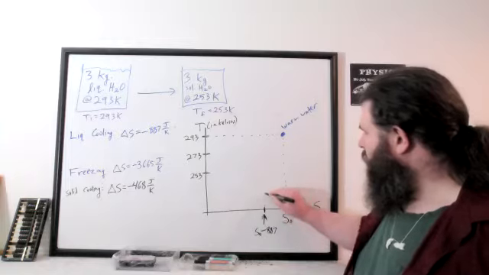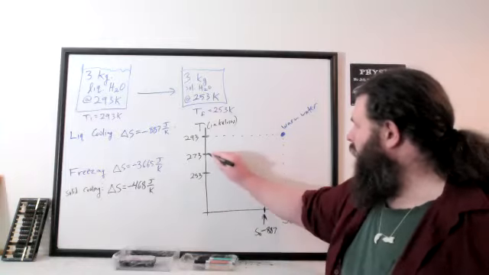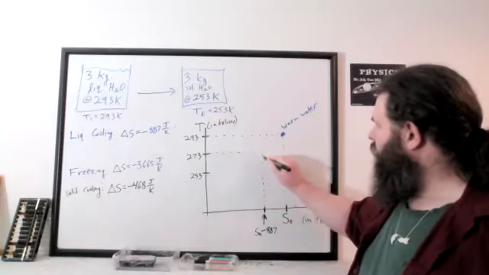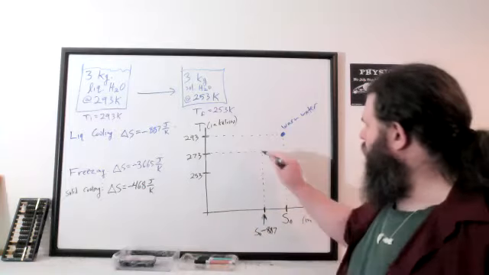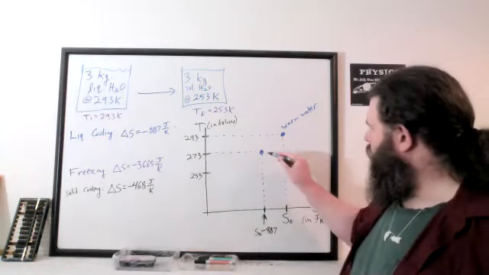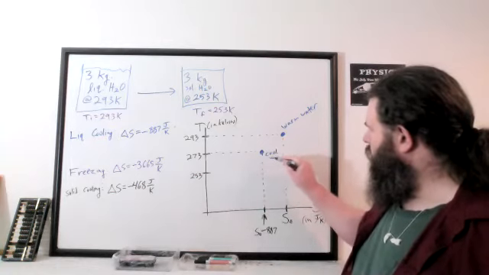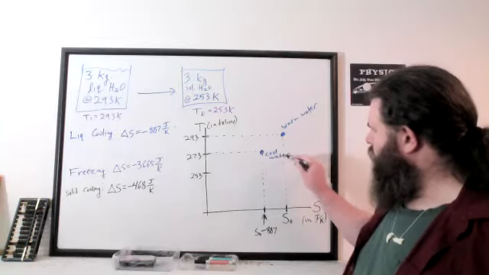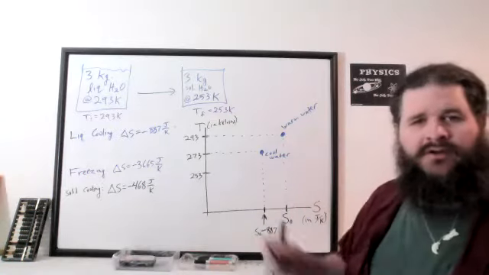So this value of entropy and this value of temperature, this would be cool water. We've transitioned from warm water to cool water.